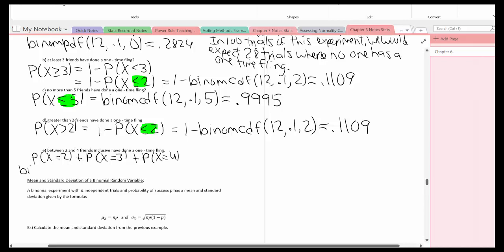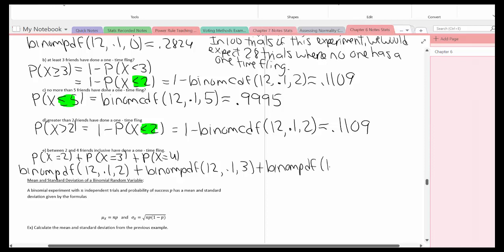That will be binomial PDF 12, 1/10, 2, plus binomial PDF 12, 1/10, 3, plus binomial PDF 12, 1/10, 4. Adding those 3 together, you get this rounded to 4 decimal places.